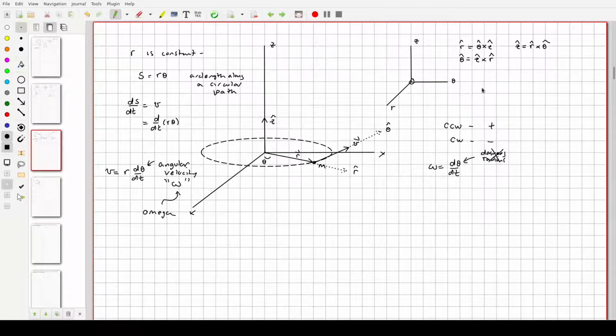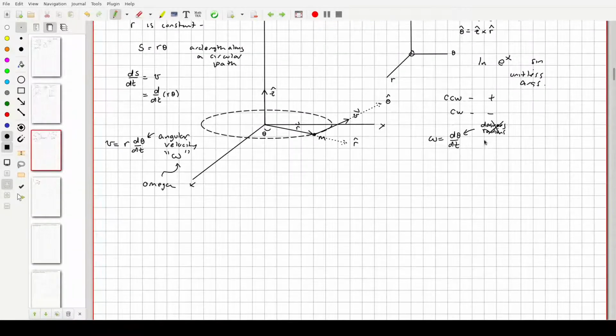But if you think about mathematical functions like the natural log, like e to the x, like sine, cosine, tangent, all these things are supposed to take unitless arguments. So in reality, theta itself is a unitless thing. So the units, keeping that in mind, for angular velocity is 1 over seconds. Okay, so this is the units of angular velocity.